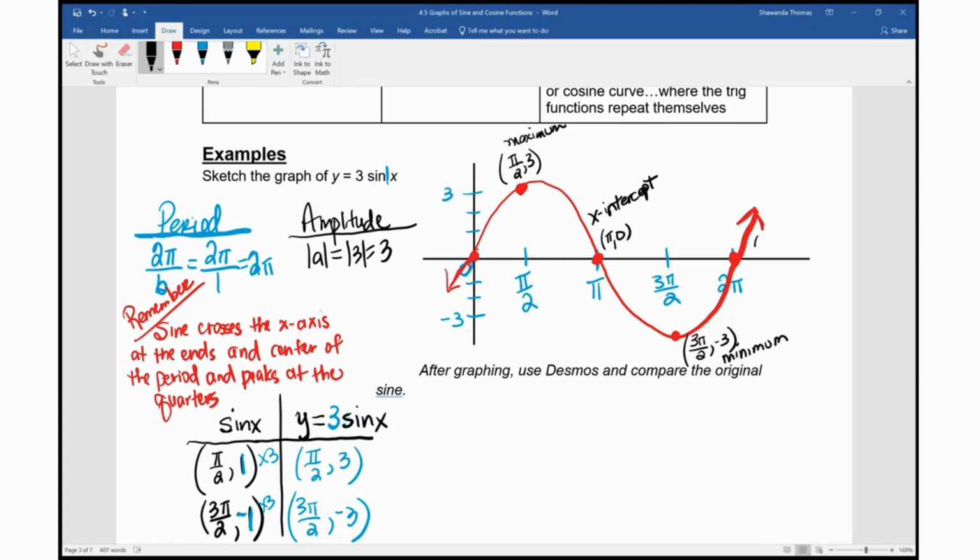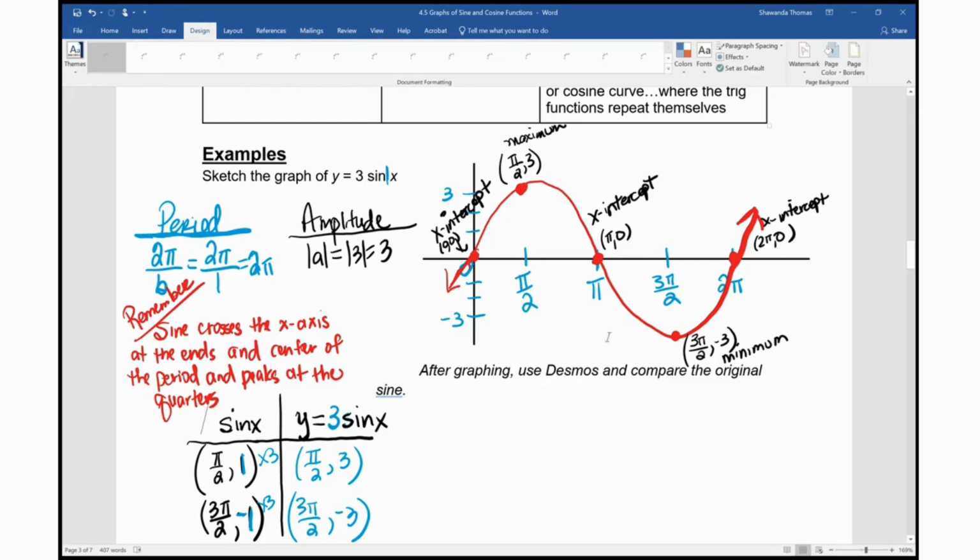All right, 2 pi, 0. And the x-intercept at 0, 0. I may not write it every time, but that's also known as what? 0, 0 is also known as the y-intercept. All right.